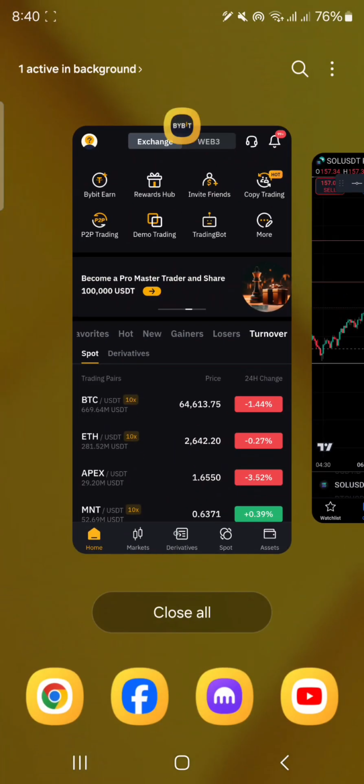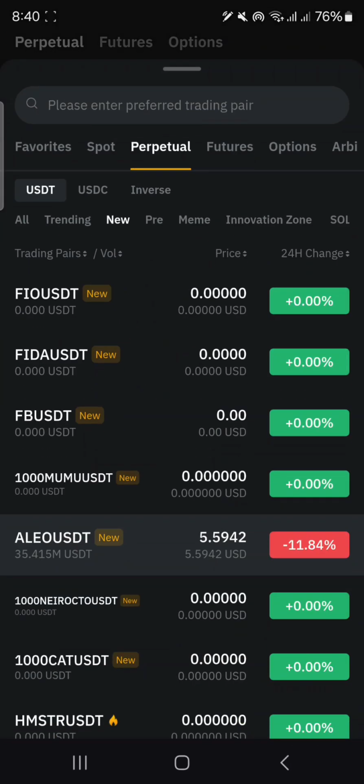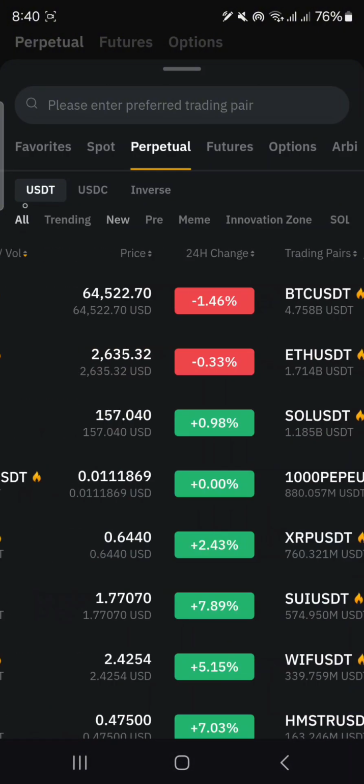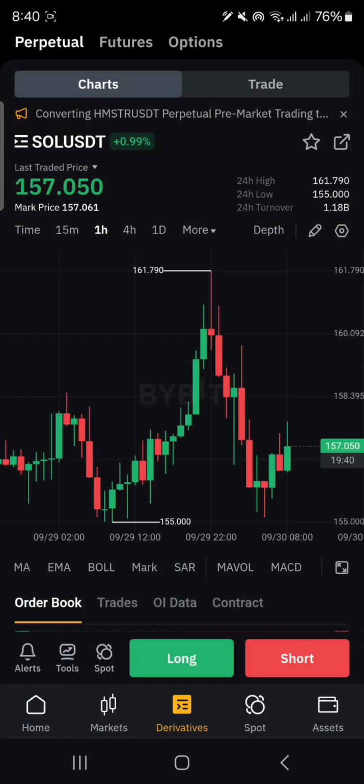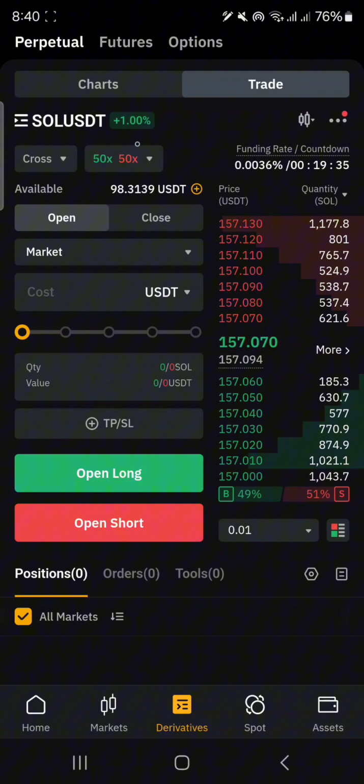So on my exchange, I'll come to derivatives, then I'll select Solana. Okay, I'll select Solana here. Okay, let's go like this. So that's Solana. Then I will push back. Then here I use 50x. That's what I use.